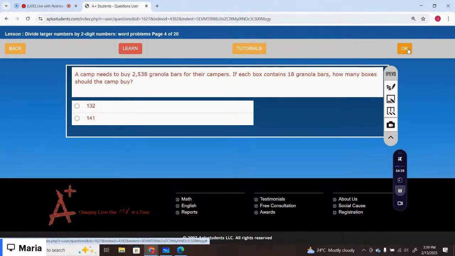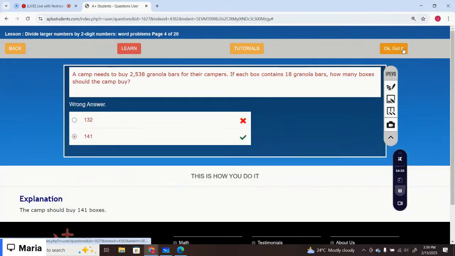The correct option is 132. Option number one is the correct option. Oh, that is just a guess. Sorry. Option two is the correct option.